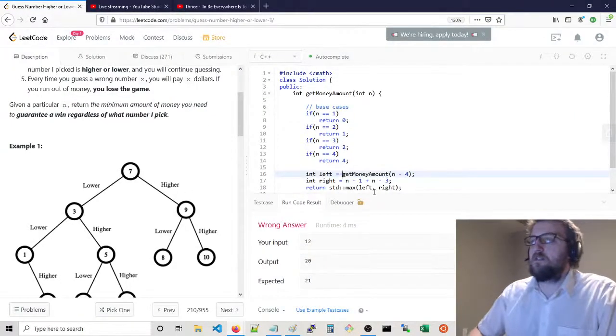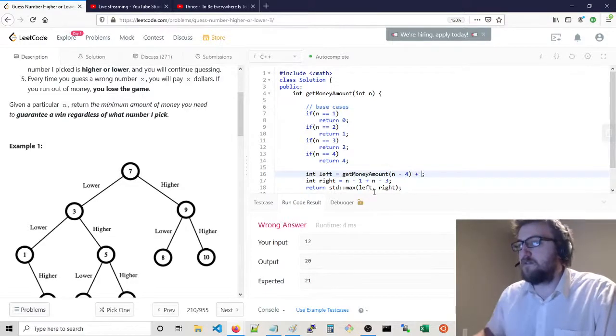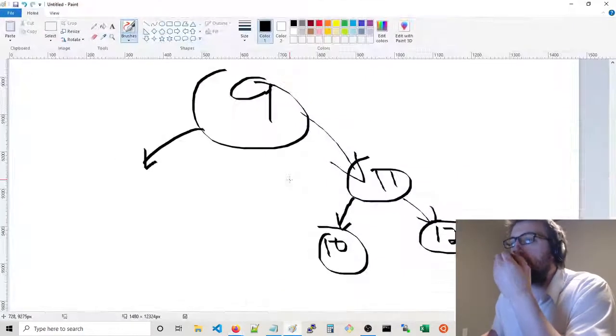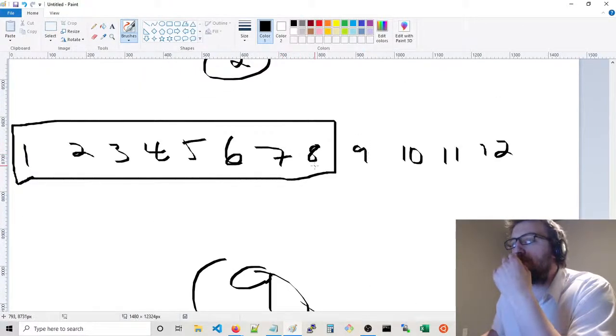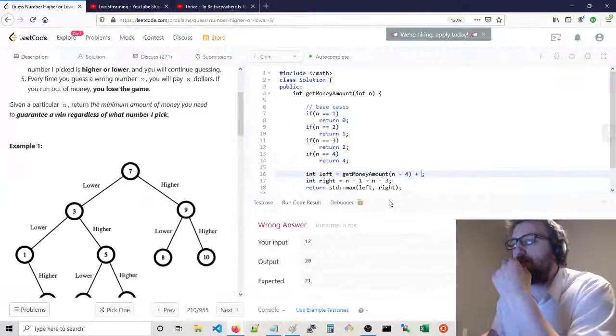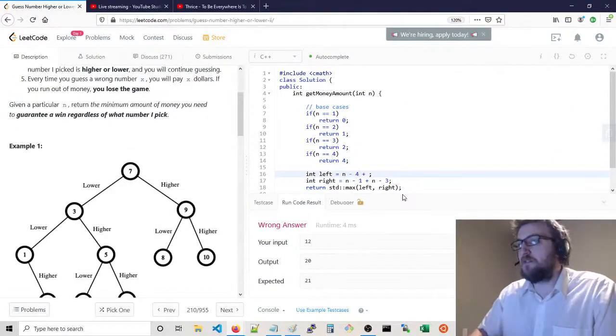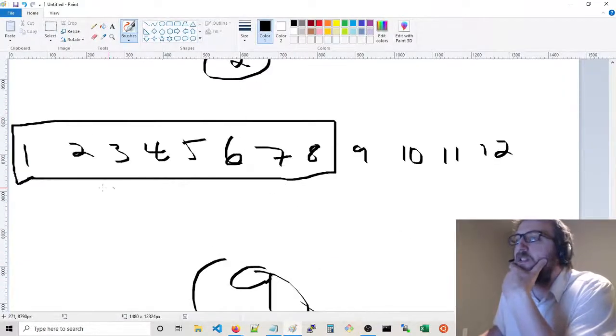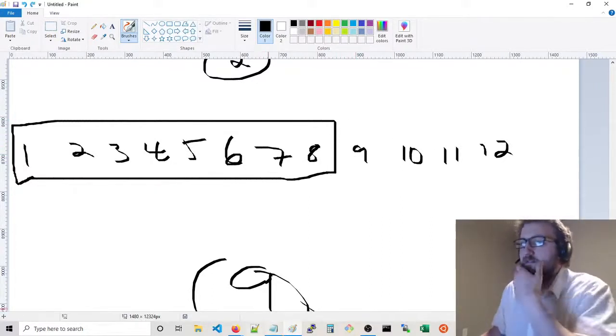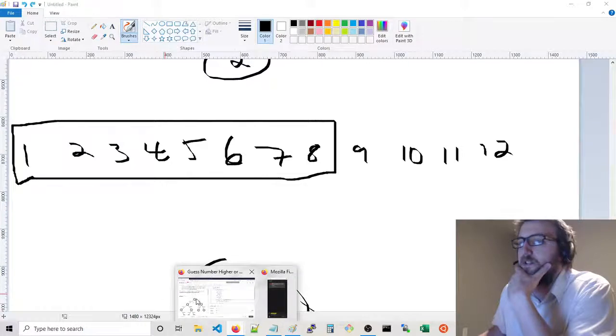Why did I get... n minus 4 plus... No, it's just n minus 4 plus get money amount of n minus 5. I think that's what... Yeah. I think I actually did have it right, the first idea.